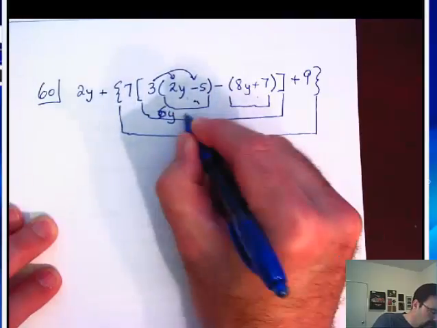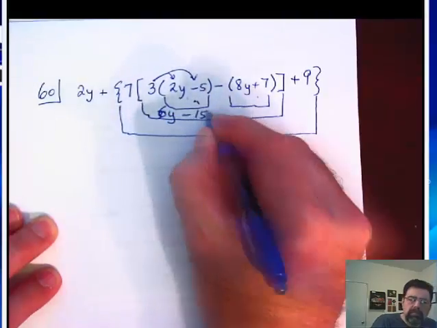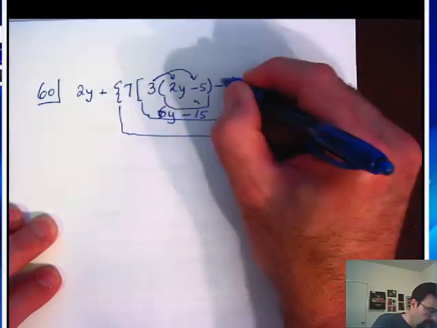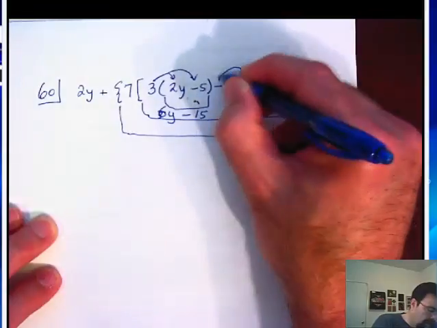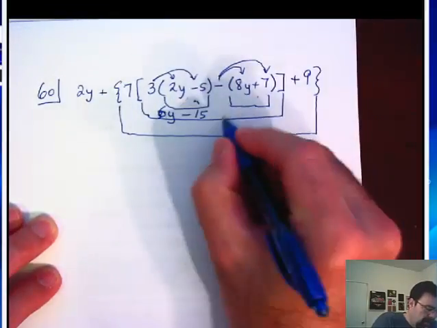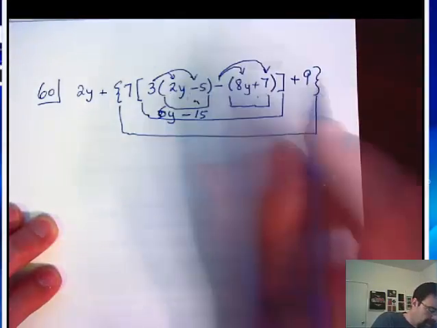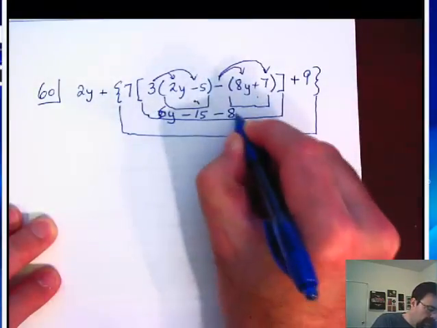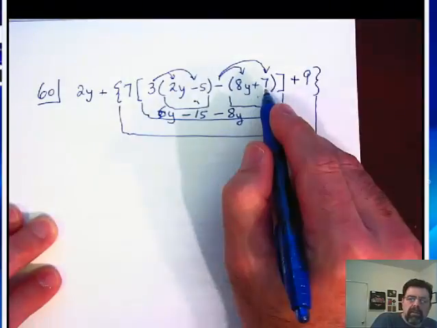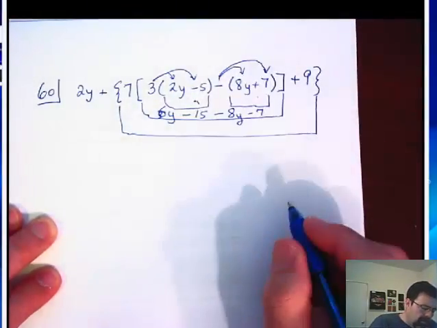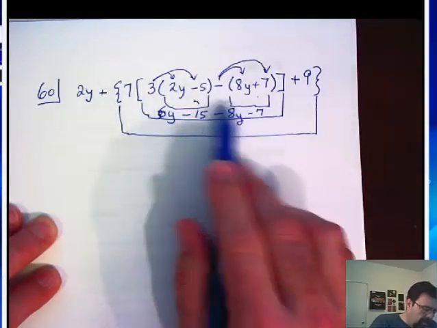So I'm going to get 3 times 2y is 6y. 3 times 5 is 15. Again, here, there's nothing I can do, but I'm going to distribute that minus sign, or distribute the negative 1, whichever way you want to think of it. So this is a positive 8y. I'm going to change that sign, and it's going to become a negative 8y. It's a positive 7. I'm going to change that sign, it's going to become negative 7.